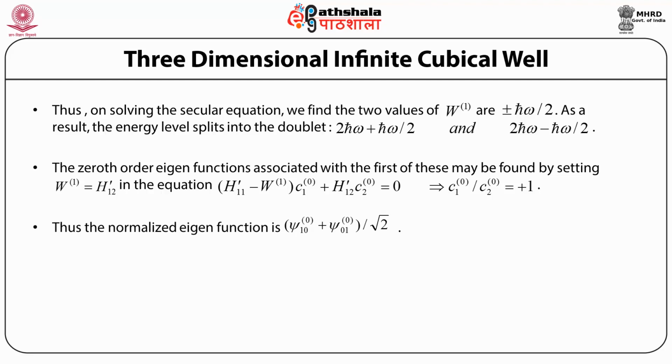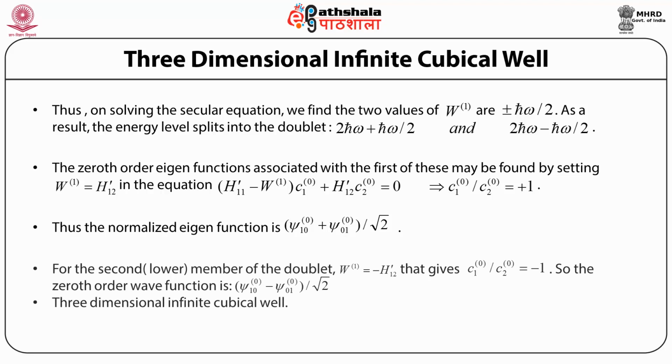Thus, the normalized eigenfunction is psi 0, which is (psi 100 ground state plus psi 010) divided by square root of 2. For the second or the lower member of the doublet, W1 equals minus H12 prime. That gives C10 by C20 equals minus 1. So the zeroth order wave function is (psi 100 minus psi 010) whole divided by square root of 2.